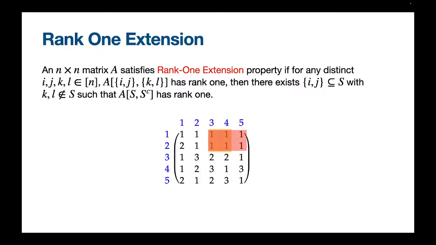And we can do this for every 2 cross 2 submatrix which has rank 1 and disjoint row and column indices. But suppose we change this entry to 2, now there are only 2 possible extensions of this submatrix. The earlier choice is gone now, and the other choice is that we add the 5th row. But here again the rank is not 1, so this does not have the rank 1 extension property.